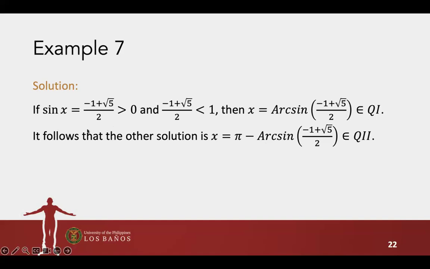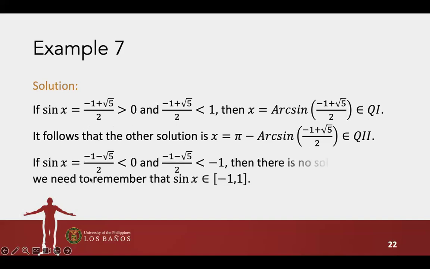Okay? So we're done with the plus part. Now let's look at the next solution. Okay? So if sine x is equal to -1 minus square root of 5 all over 2, so this is negative. We're sure about that because if you have a negative value and you're adding another negative value, then the answer must be negative.